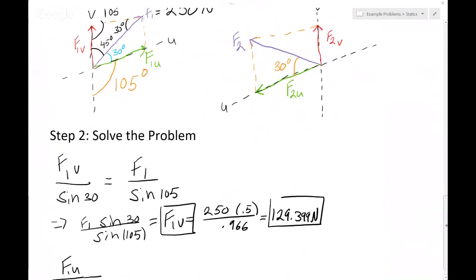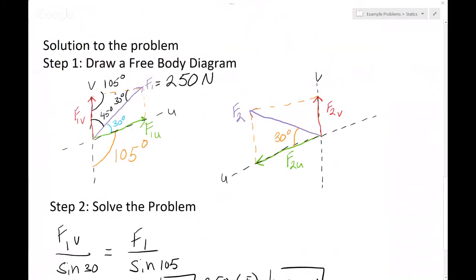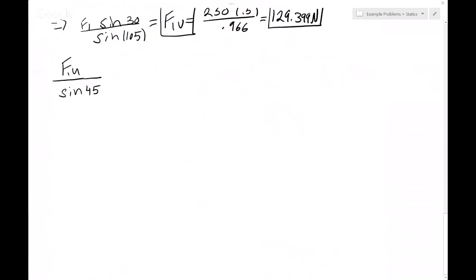We can look at it here. We have 45, which goes along our u direction here, is equal to our force 1 again, which is aligned with sine of 105.